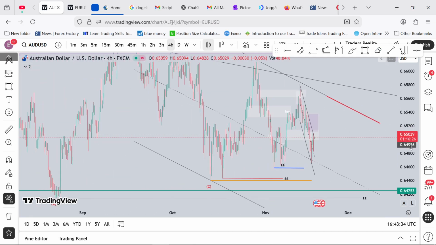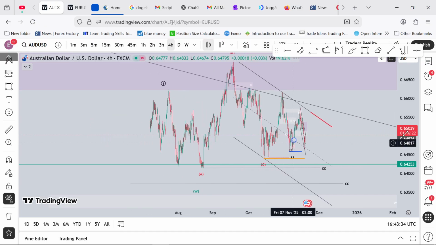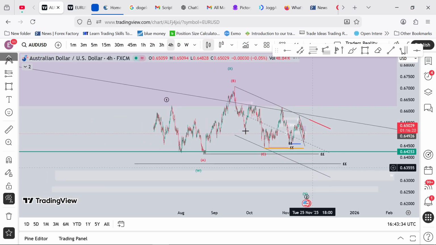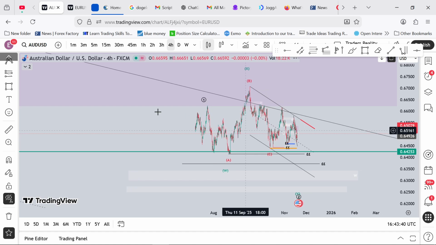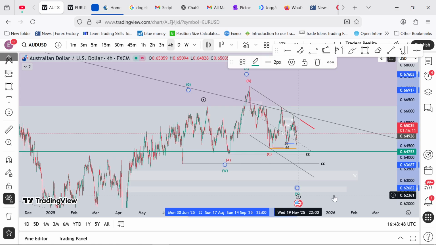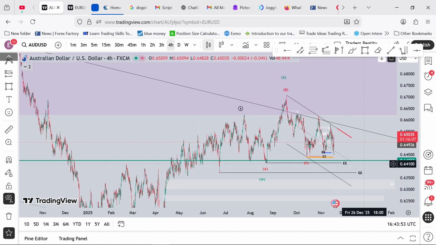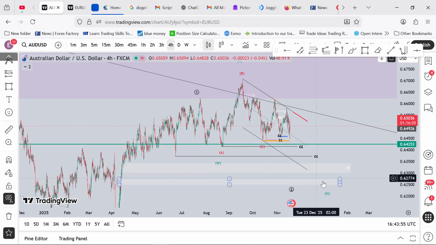Sorry, before I even get into all of that, I have a bearish bias on here, due to the Elliott Wave count, WXY. I'm looking for this into yet another fair value gap down here.